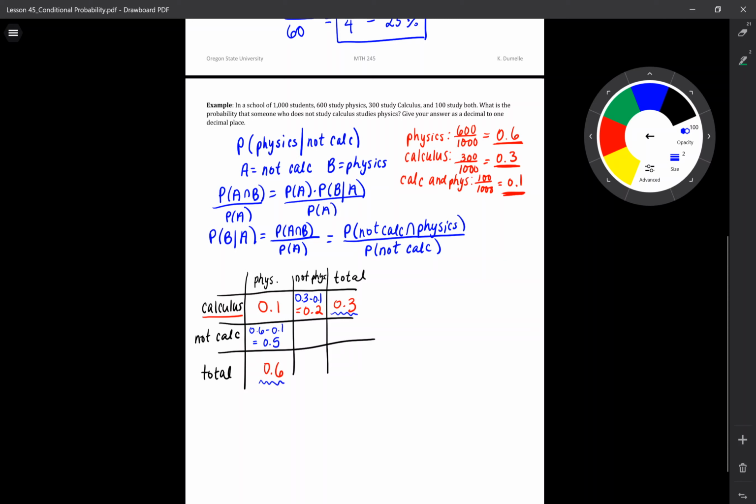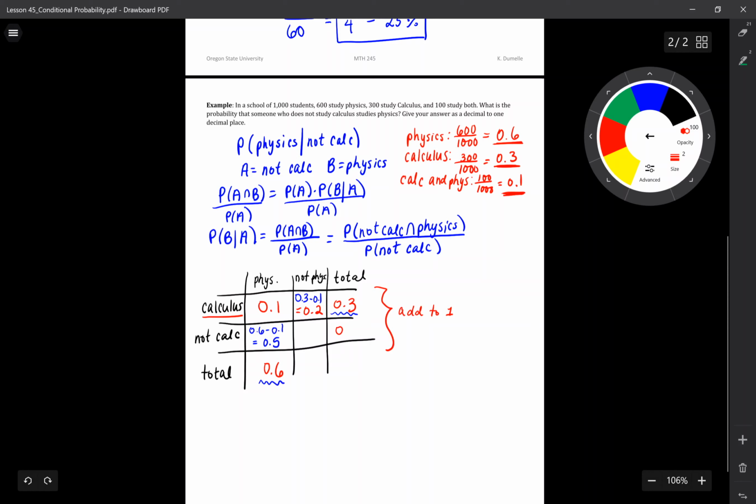All right, I still have some other stuff to fill out, but I have to use a trick here. How many students combined have to take calculus and not calculus? Well, the total here has to be 1, right? You're either taking calculus or you're not taking calculus. So I want this to add to 1, because that is everybody.